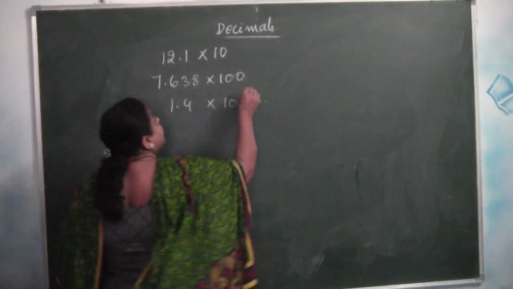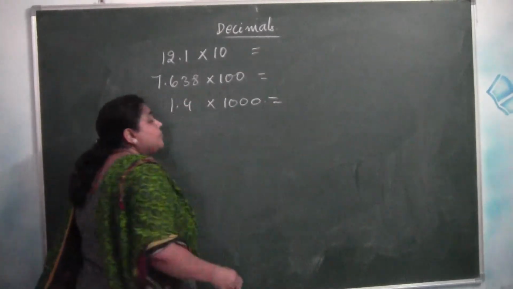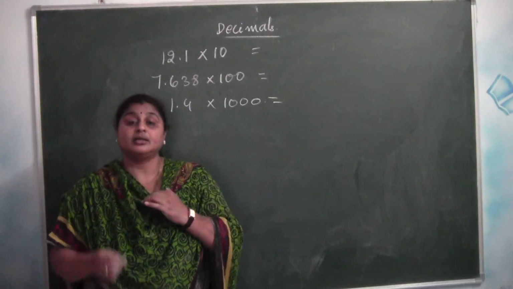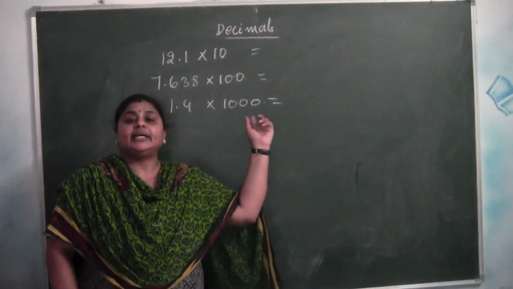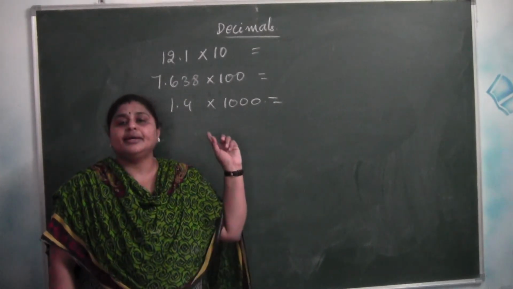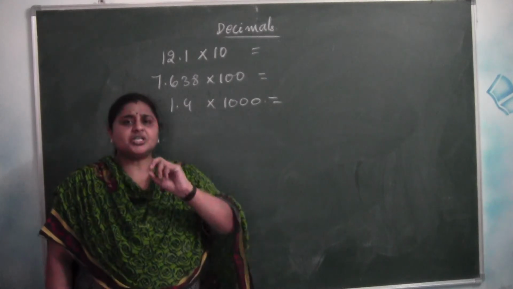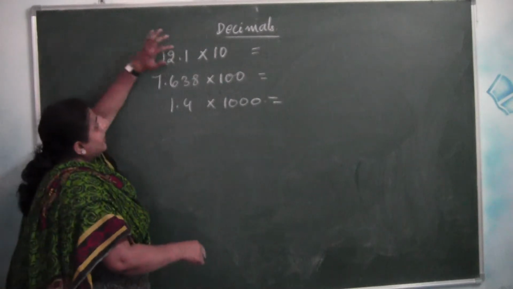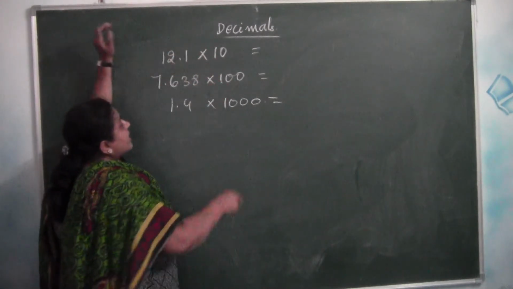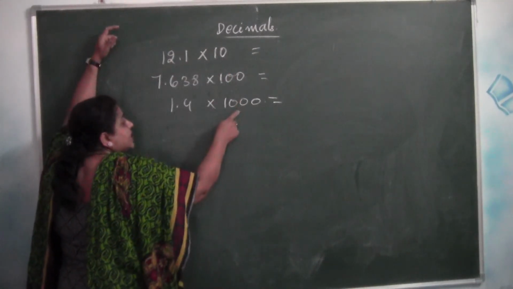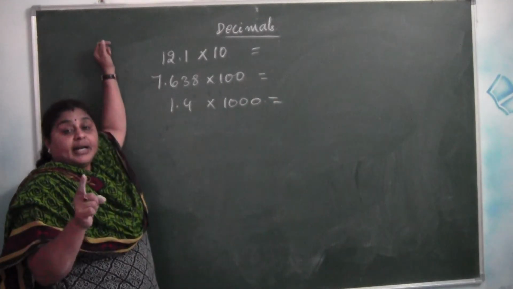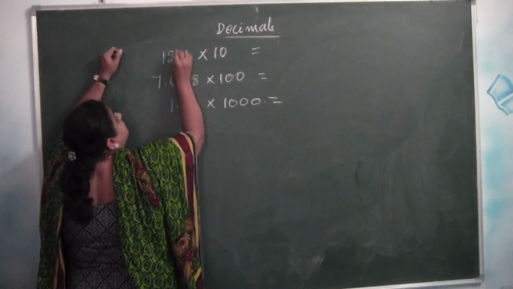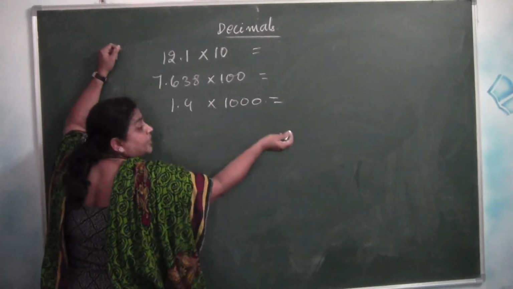Listen very carefully. Whenever we are multiplying decimal numbers with 10, 100 and 1000, just remember one fundamental point, children. When we are multiplying with 10, 100 and 1000, depending on the number of zeros, the decimal point will move or will jump forward.